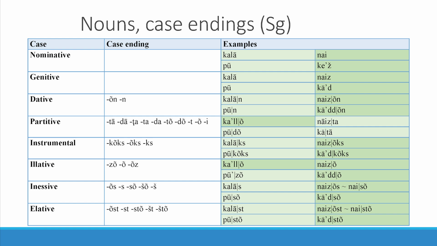The choice of the ending depends on the word stem and how it changes. But you can get some hint from the singular genitive. It's not a strict rule, there are exceptions, but the singular genitive form can help you in producing other cases. So maybe that will help you.